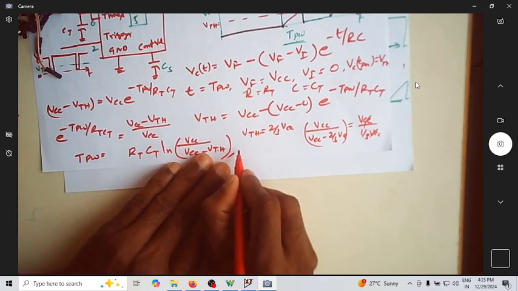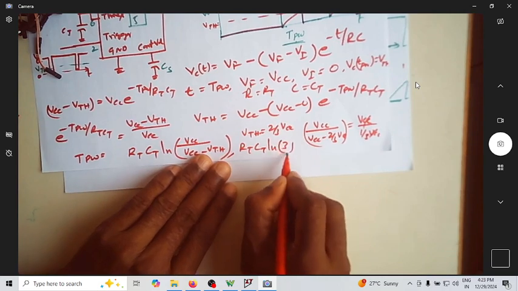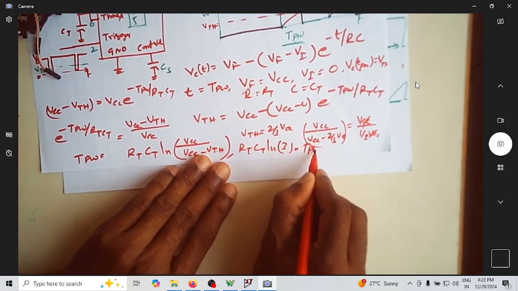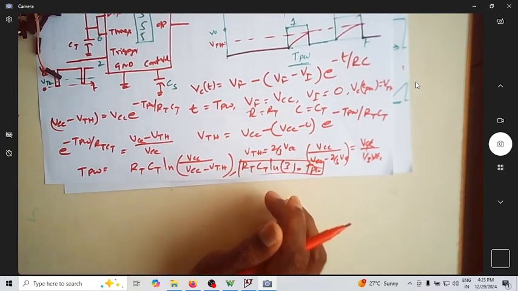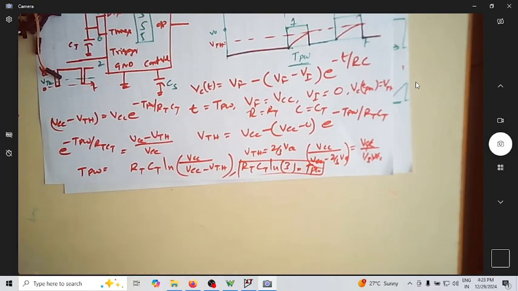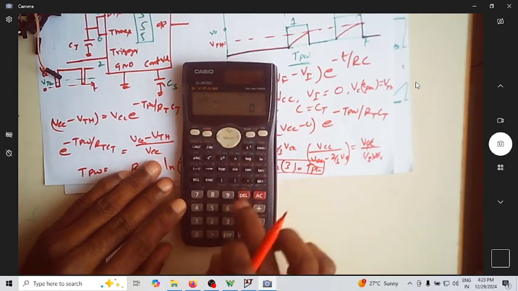So TPW is RT CT into ln of 3. What is ln of 3?